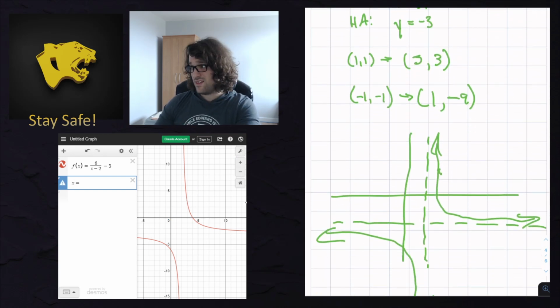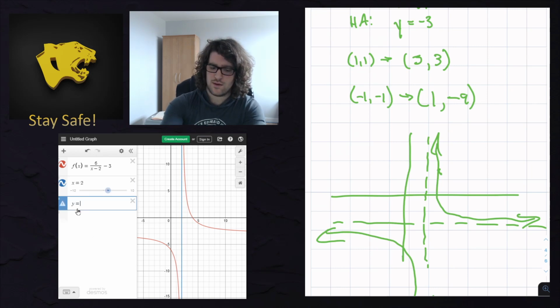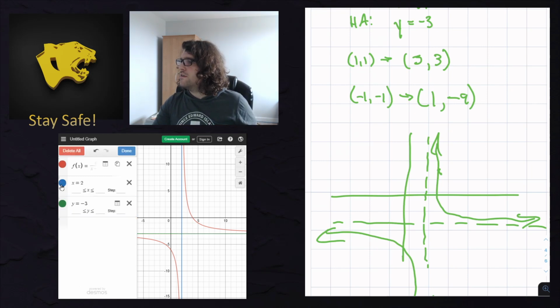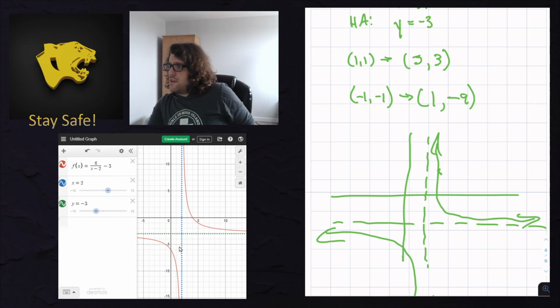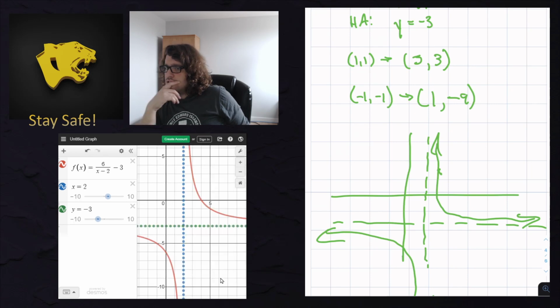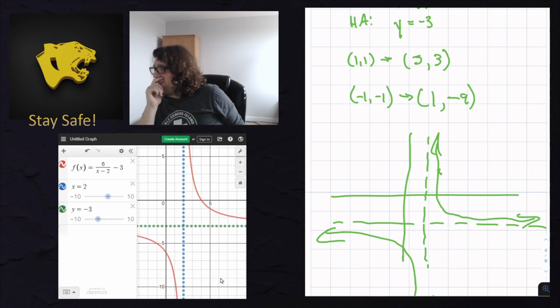So we think that this should have an asymptote at x is equal to 2, and a horizontal asymptote at y is equal to -3. If I take those and make them so that they're obviously not the function itself, it would look like that. Projector mode is a little bit easier to see. So that looks good.